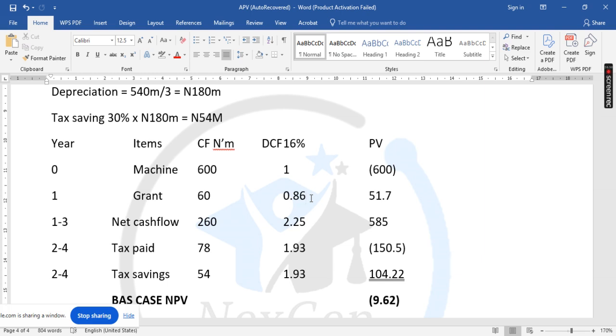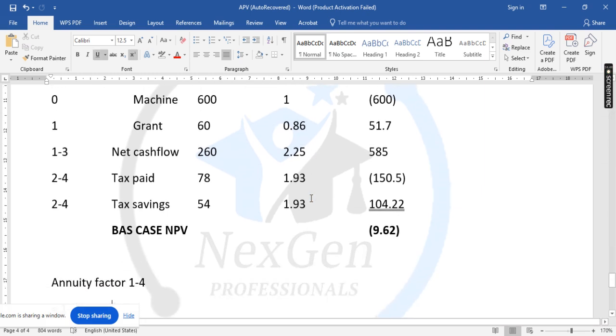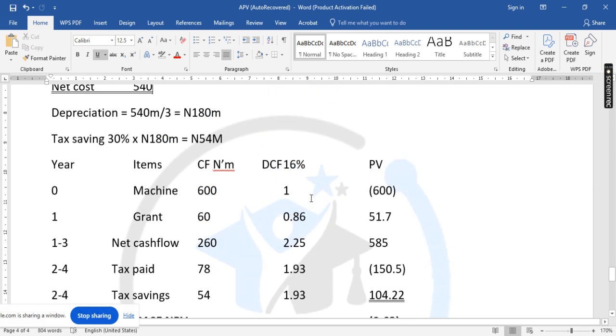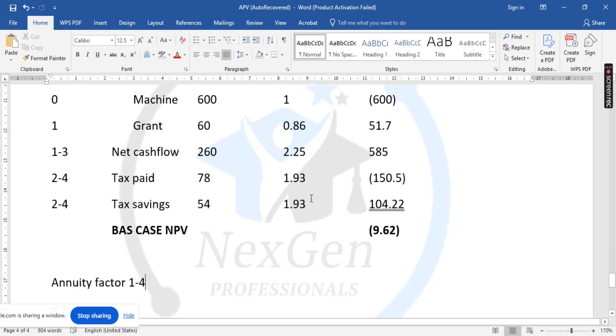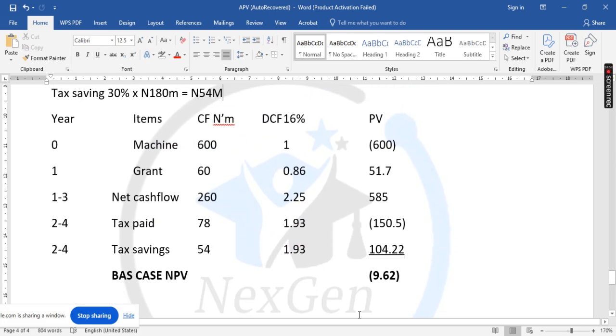You can use 2 decimal. Please use the one that you understand. If it is 2 decimal, use 2. If it is 1 decimal, use 1, and move on with it. What is most important is your presentation and what you are doing. I think we are done with this part. Please, if you have your question, you can unmute your mic.